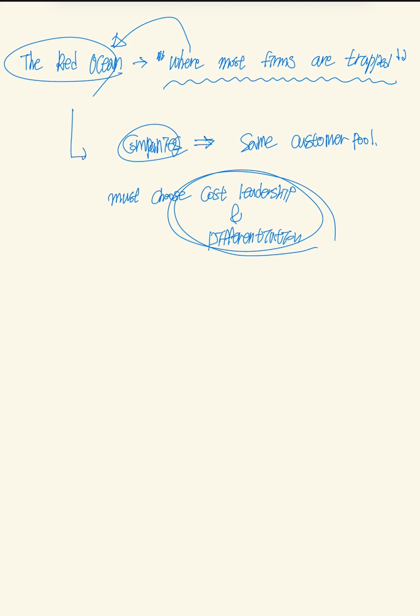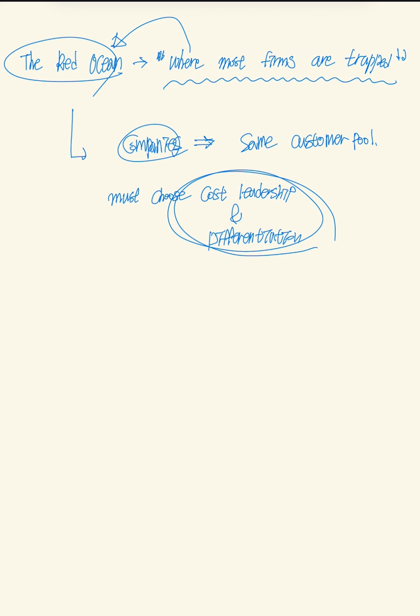Because you cannot have both without the fundamental trade-off conflict, you accept the industry's existing demand pool as fixed. You are, in Porter's language, fighting over a bounded pie. So the airline industry is a brutal red ocean.